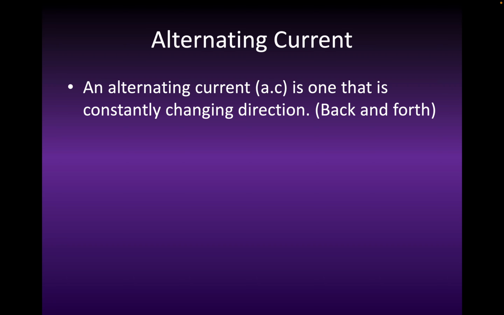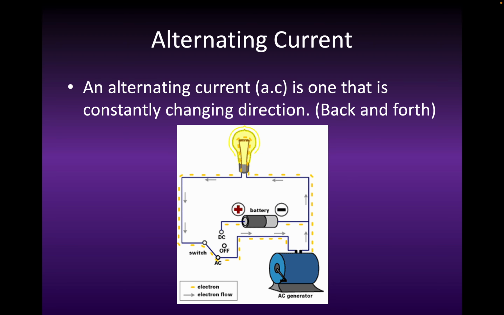Alternating current is one that's constantly going backwards and forwards and changing direction. Now you see the switch being moved from the top to the bottom, and with the alternating current, you can see the yellow and the grey arrows constantly changing direction. So it still carries energy, except it doesn't have one direction.